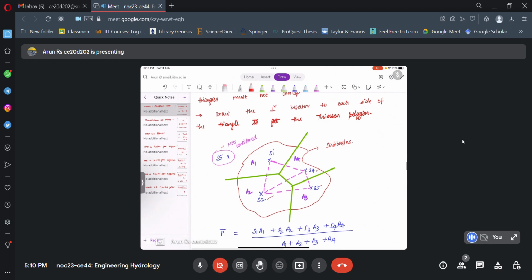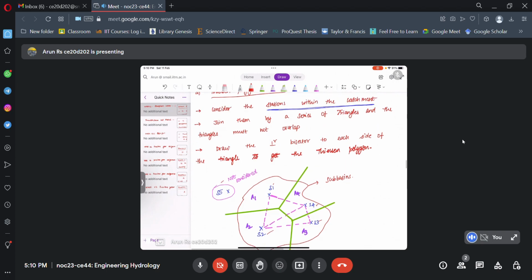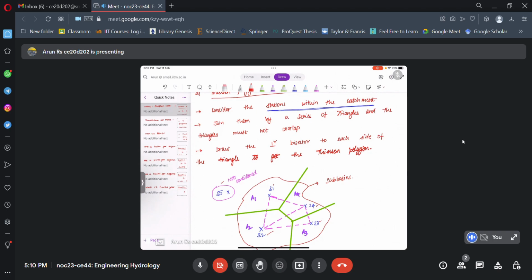So we need to draw a Thiessen polygon for this series of rain gauges. We have some rules to draw this Thiessen polygon. We need to join the rain gauges by a series of triangles, and these triangles must not overlap with each other.